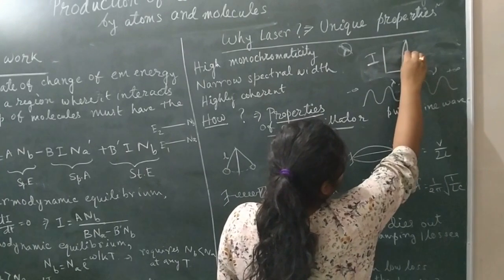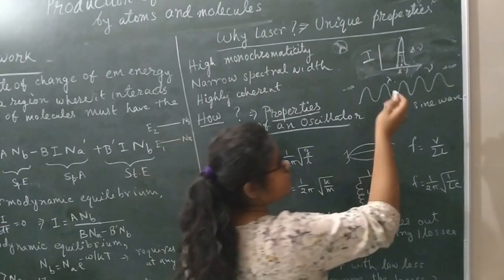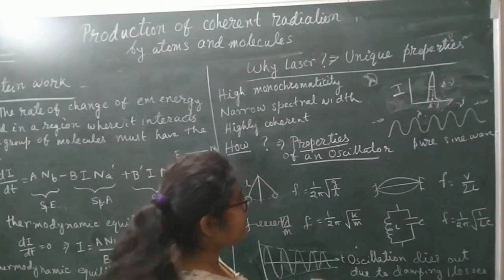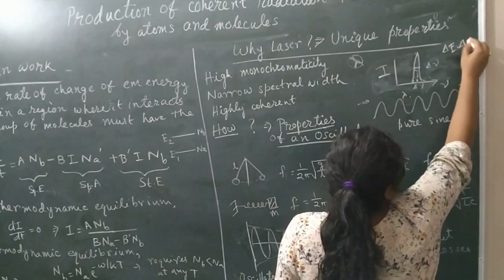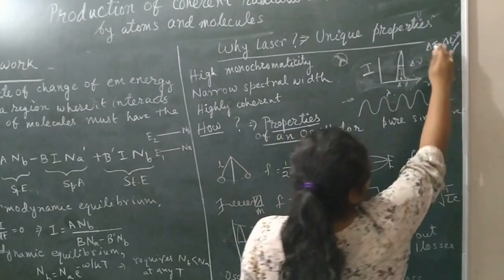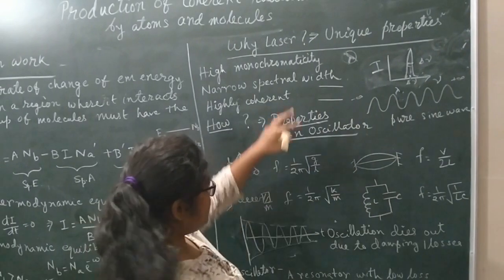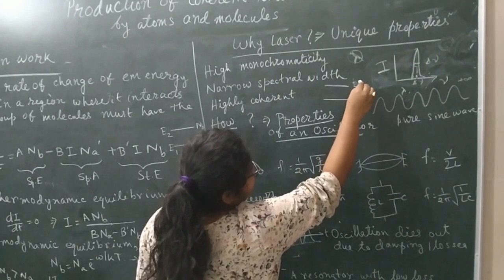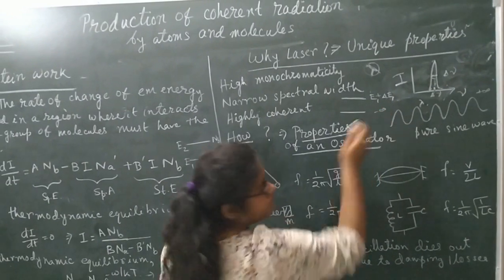It always has some certain width. What is the reason behind that width delta nu? Because of the Heisenberg energy uncertainty principle, we know that delta E times delta t is greater than or equal to h cross by 2. Even if you specify the two energy levels, the energy levels themselves have some energy width, that is E1 plus delta E1 or E0 plus delta E0.